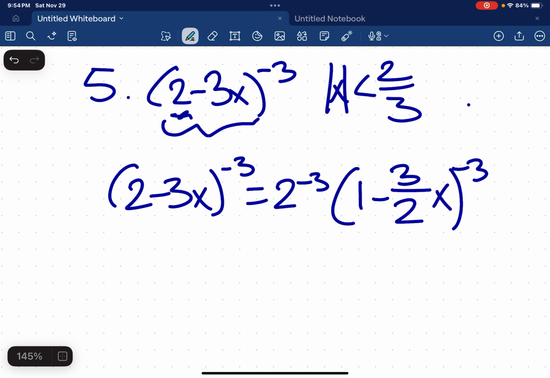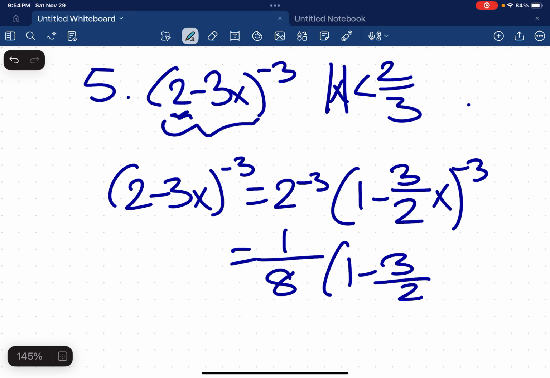Okay, that's something we need to understand here, which means that this will end up becoming 1 divided by 8 times (1 minus 3 over 2x) to the negative 3. And basically all we did here is we factored out this 2 to the negative 3 from this equation. That's all we did. We just factored it out, put it here, and then we're left with a 1 on the inside.